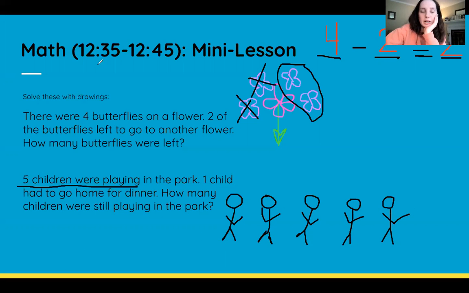Okay, and then 1 had to go home for dinner. How could you show that with your picture? Yep, we could take that person away.